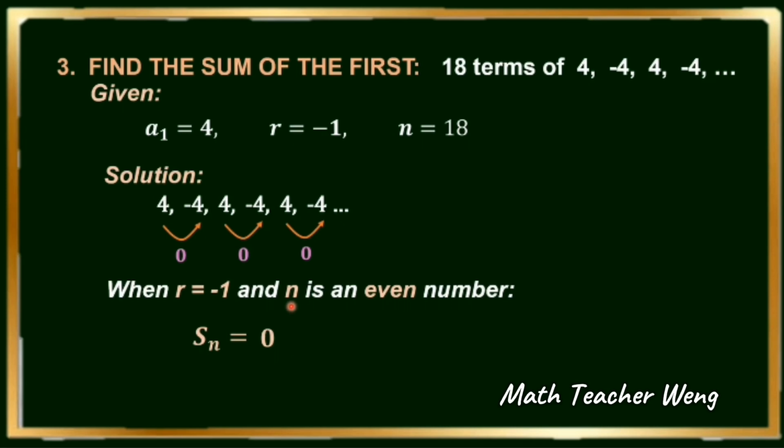Again, because the number of terms is even, all the terms can be grouped as pairs, wherein each pair will give a sum of 0. Therefore, the final sum will still be 0. So in this case, S sub 18 is also equal to 0.